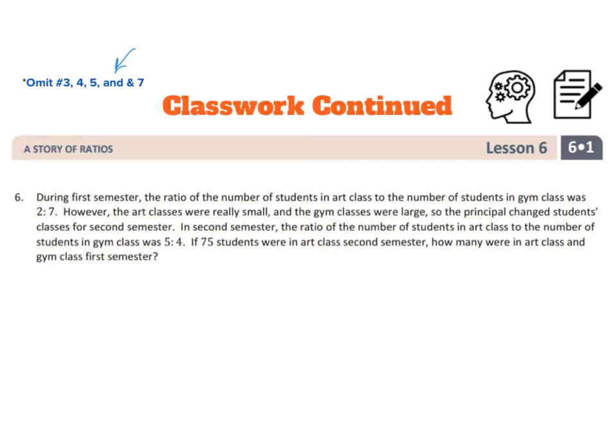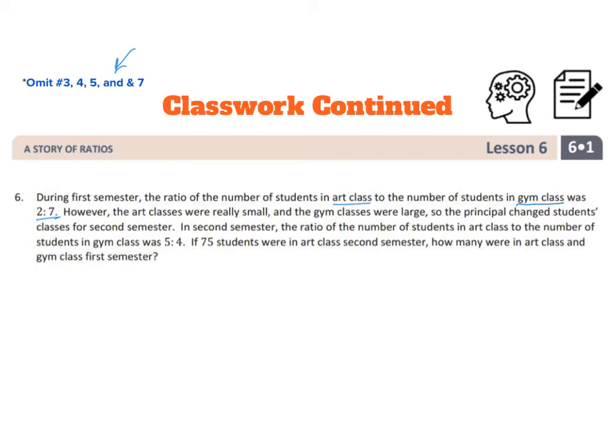So this says during first semester, we have trimesters, but first semester, when you go to, I think the high school, and maybe even Stevens. Okay, the ratio of the number of students in art class to the number of students in gym class was 2 to 7. However, the art classes were really small and the gym classes were large.